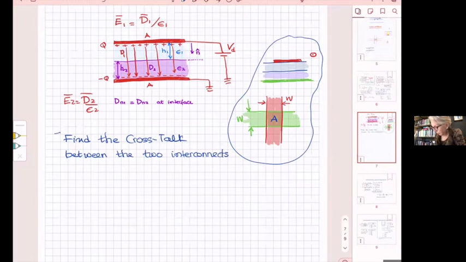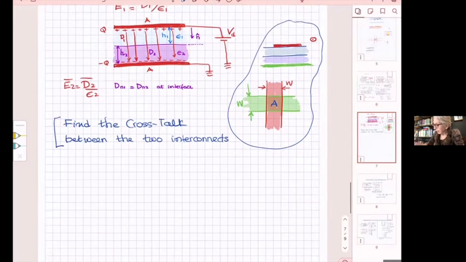Okay. Then how I'm going to start. Obviously, when I say find crosstalk, what I mean here is find capacitance between the two lines.